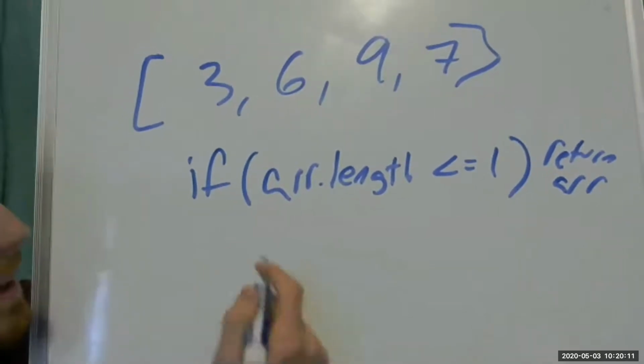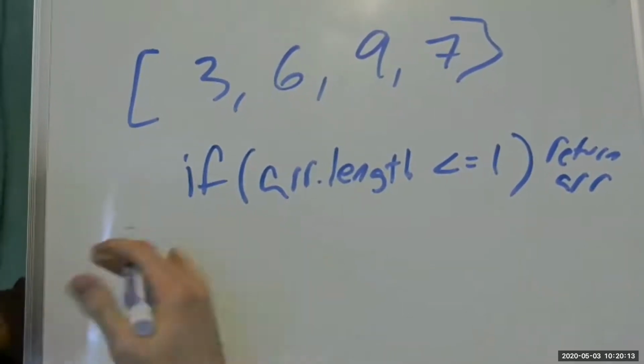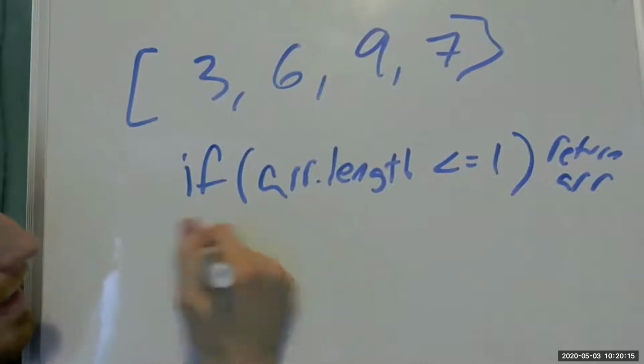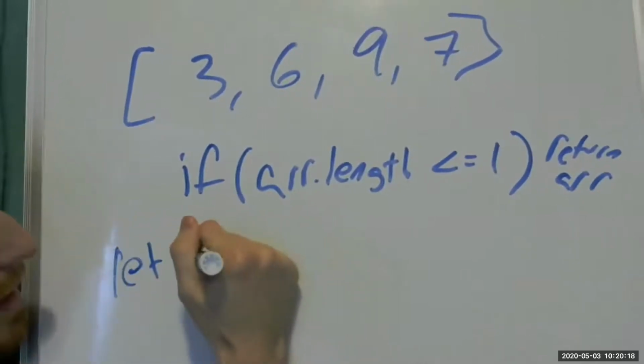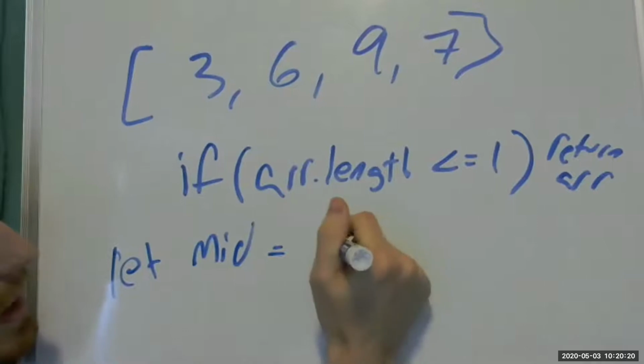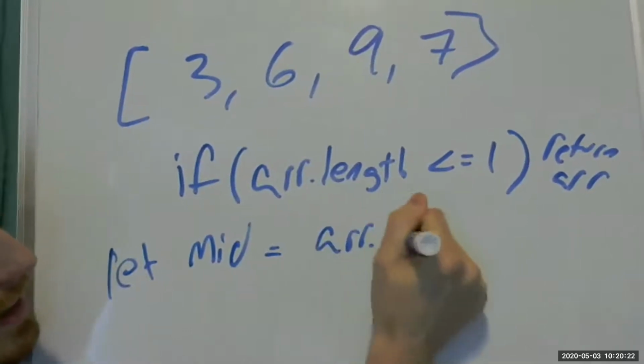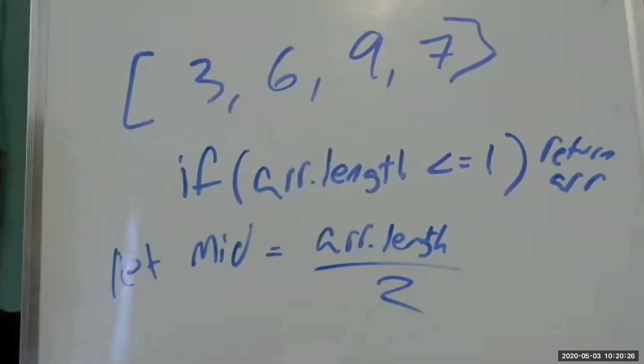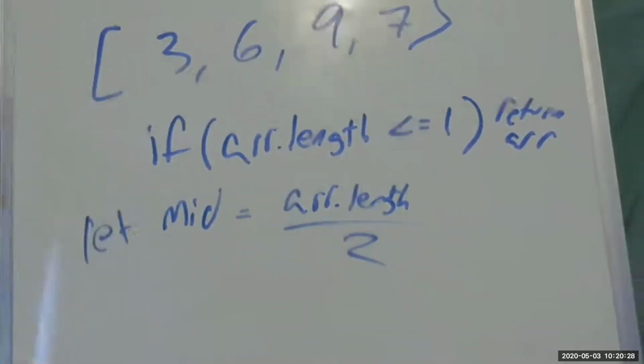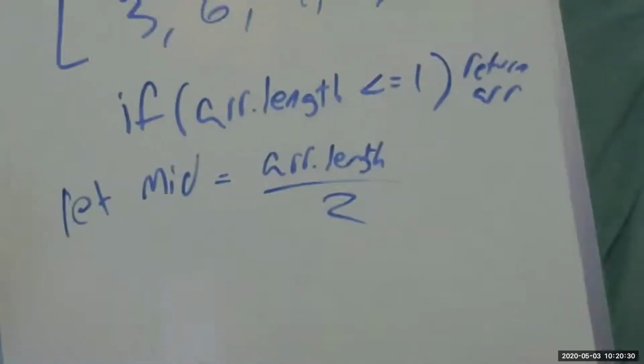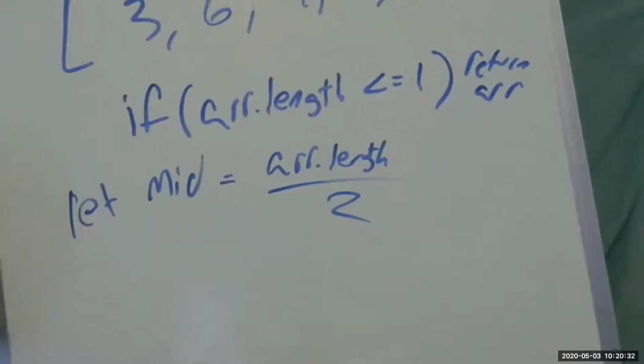So we can do that by getting our length. We'll say let mid, and this is just going to be our array length divided by 2, right? Obviously we have to floor that as well. And then we can just slice to get our left and to get our right.